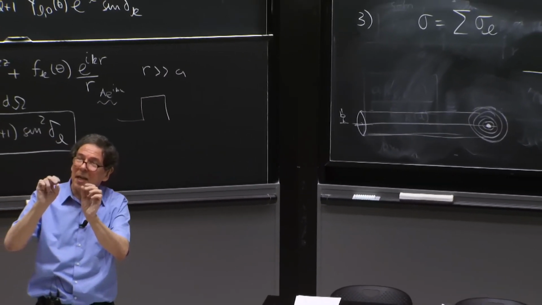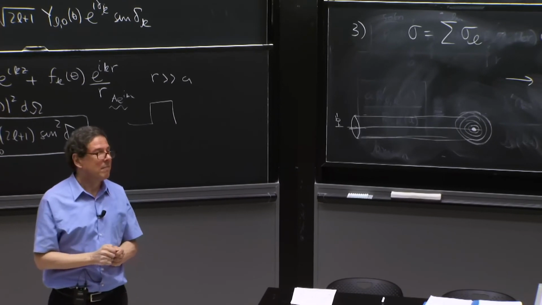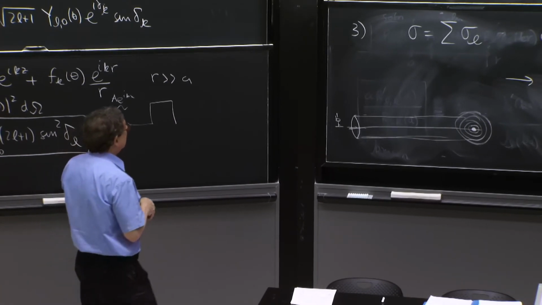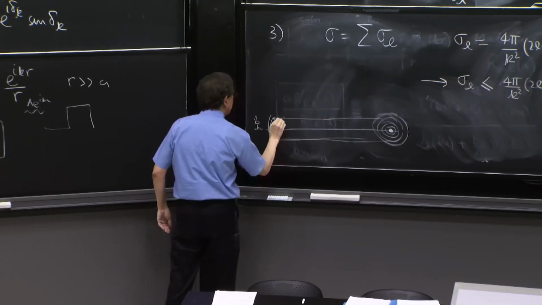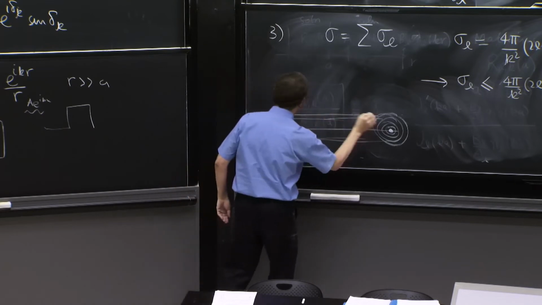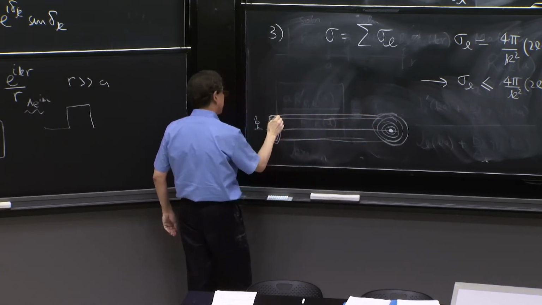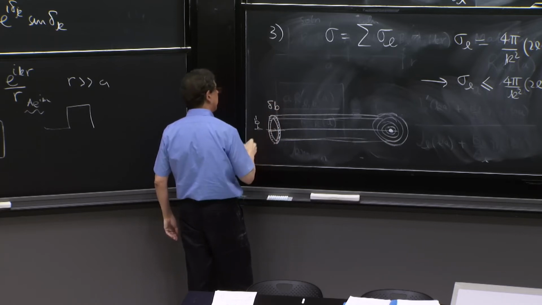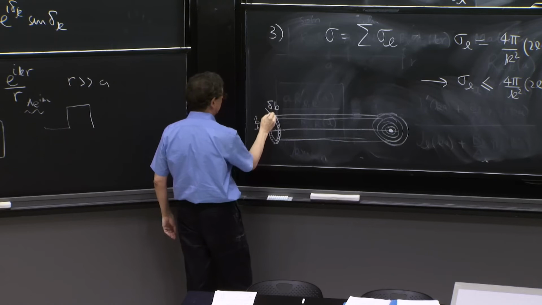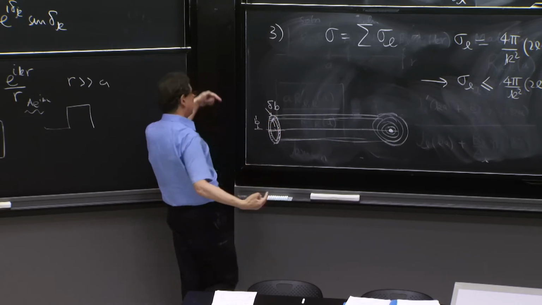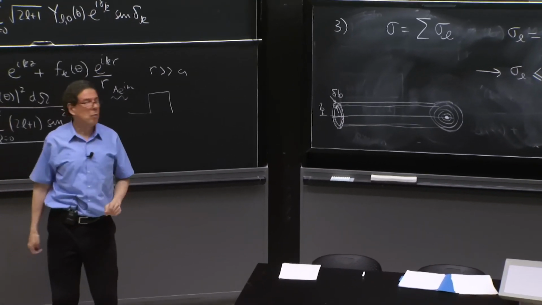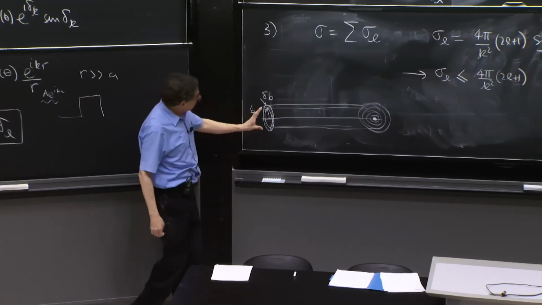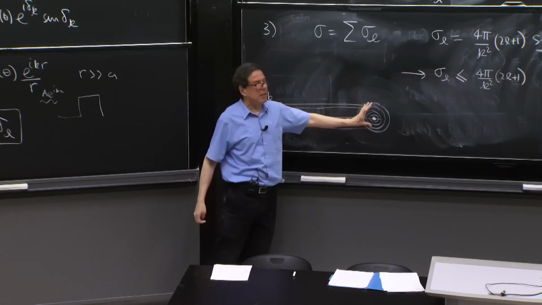Now, let's thicken the cylinder to make it of thickness delta B. And you now consider all these particles that are going to come in here and scatter.